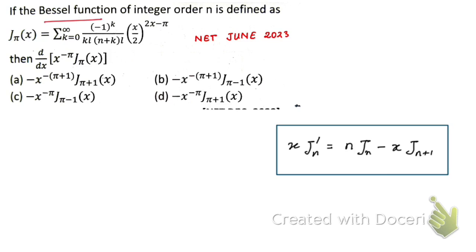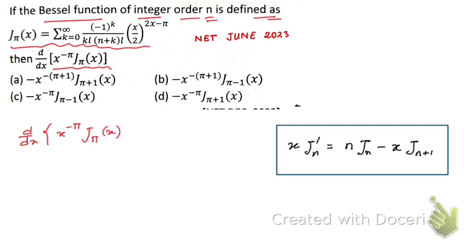If the Bessel's function of integer order n is defined as this, then the derivative of this will be equal to, so which option is correct? Now you see d/dx of x to the power minus n J_n(x).